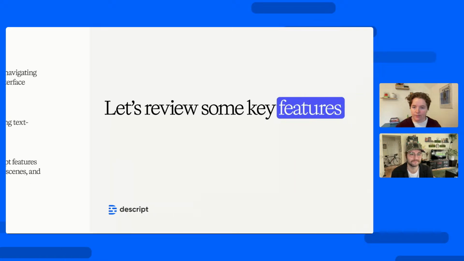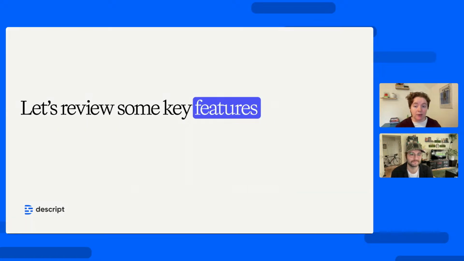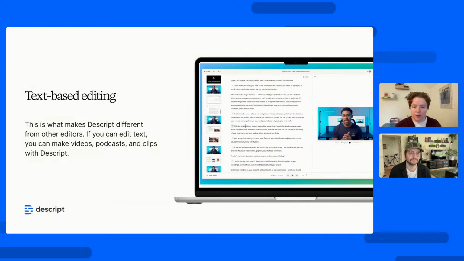All right. So let's dive into some key features that we are going to cover today to get you acquainted with Descript. First up is text-based editing. So this is sort of the promise of Descript, and what sets Descript apart from other editors is that you edit video and audio like you would a doc.